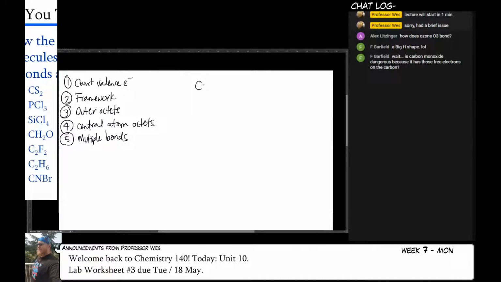We'll do formaldehyde. This is formaldehyde, by the way, CH2O. Each carbon is 4, each hydrogen is 1, there are 2 of them, each oxygen is 6. 12 electrons to work with. Even though I have multiple atoms, I'm going to do the exact same thing I did before.